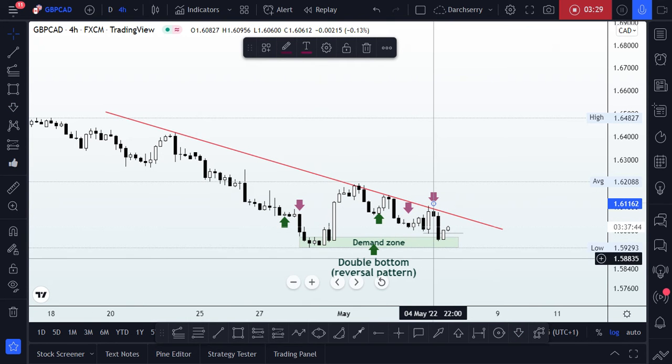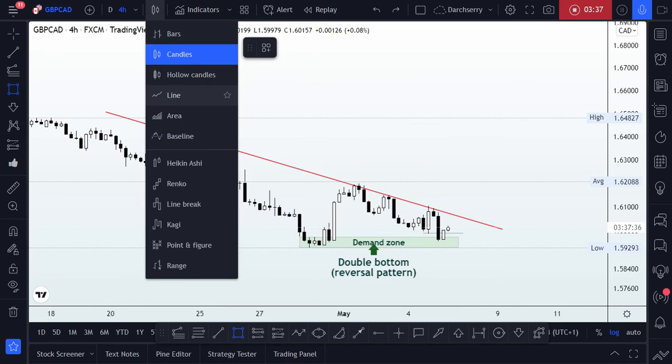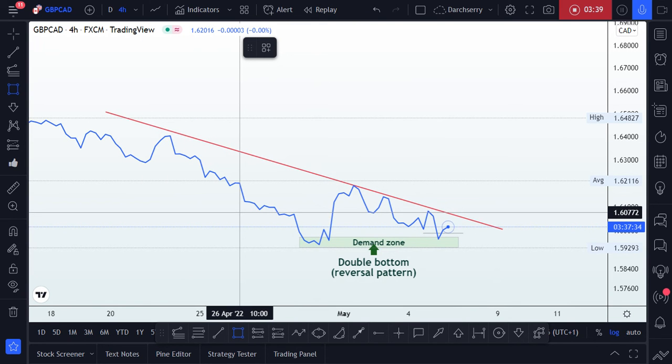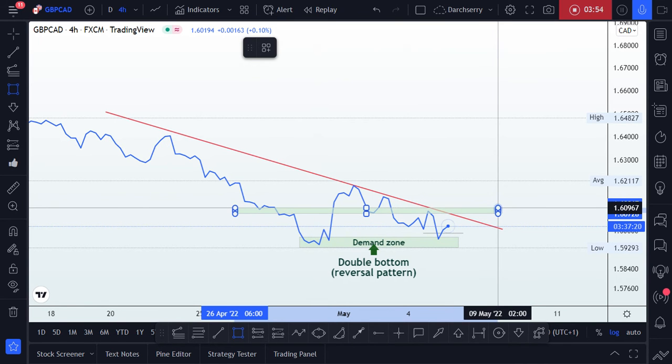So in that regard, we want to find a key level, and if we pull out our line chart, we're going to see that we have something around this area we can play around with, and that is falling around, let's see, 1.60700, 1.60900, and close to 1.61.